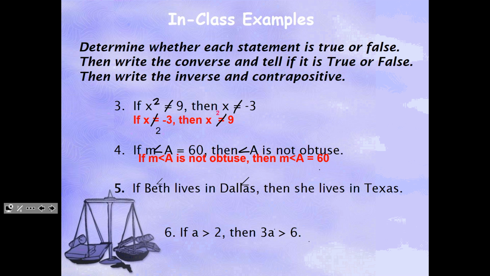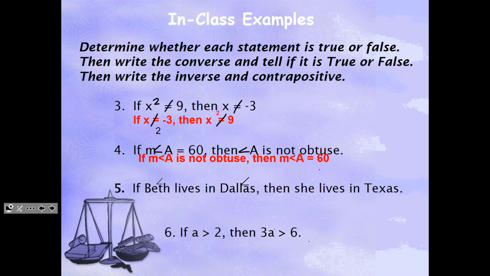Okay, what do we think about that one? True or false? False, right? It doesn't have to be 60 just because it's not obtuse, right? So we've already also determined what the true and false will be for our inverse and contrapositive because they should match these originals, right? Okay, our inverse just means the nots, right?